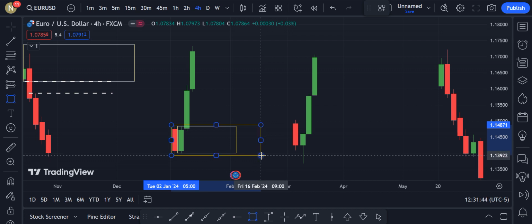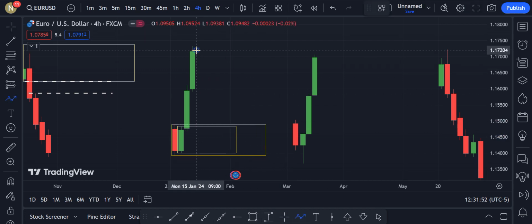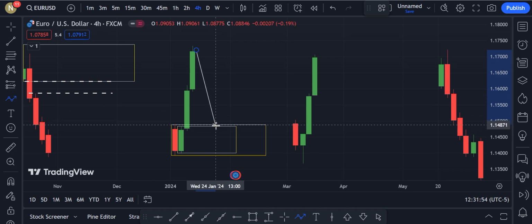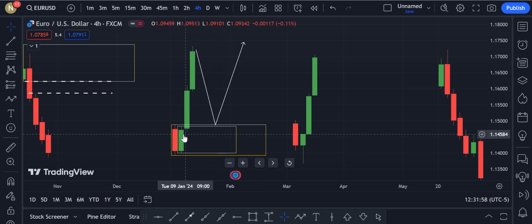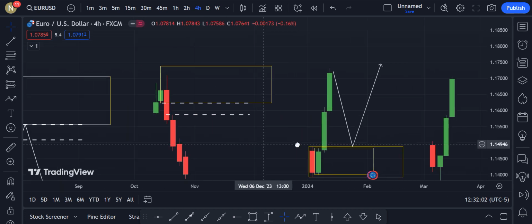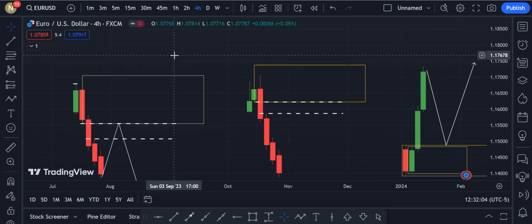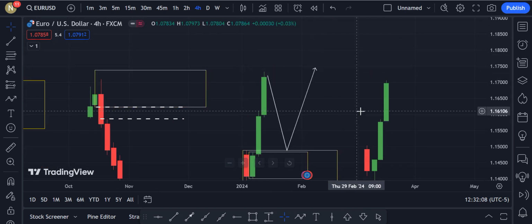Reason being, chances are high for this market to reach here, change direction before it comes down here. So this is the same case as this one that you saw here. So put that in mind.